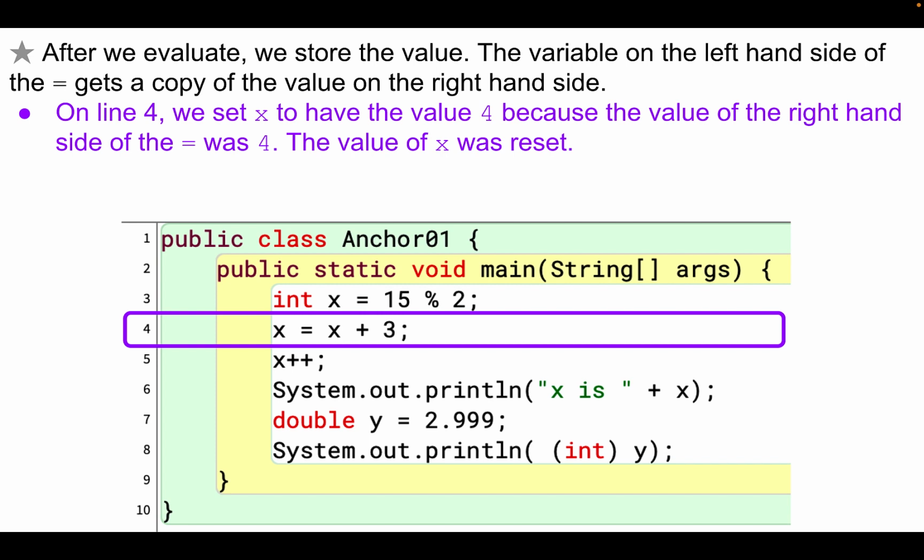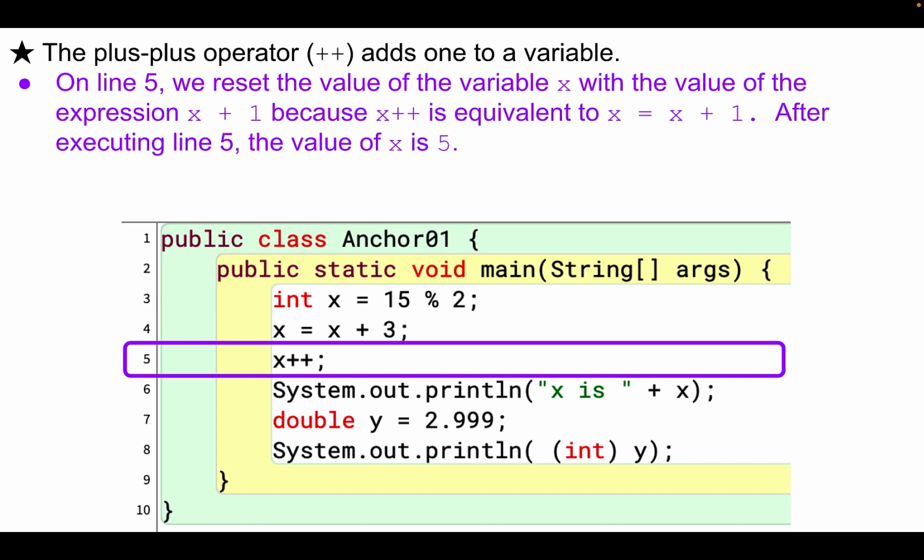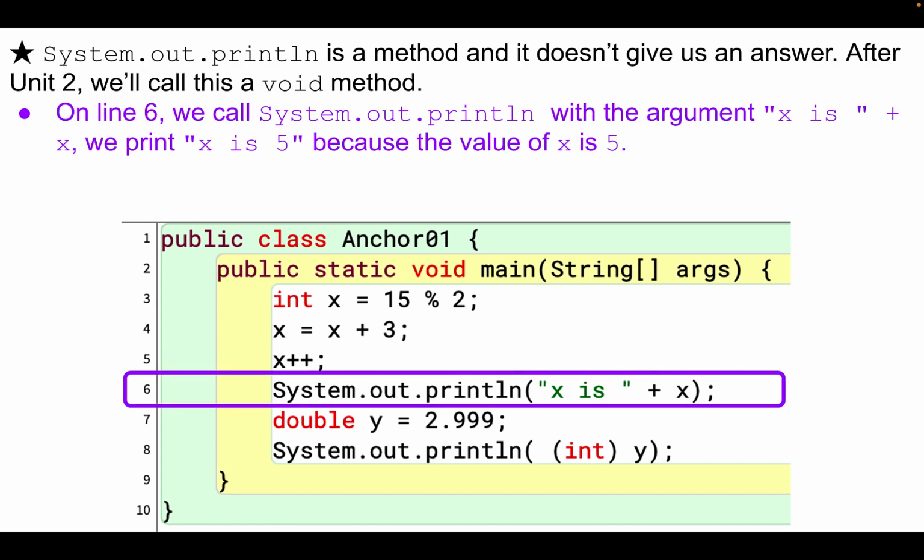The value of x was reset. The ++ operator adds 1 to a variable. On line 5, we reset the value of the variable x with the value of the expression x + 1 because x++ is equivalent to x = x + 1. After executing line 5, the value of x is 5.